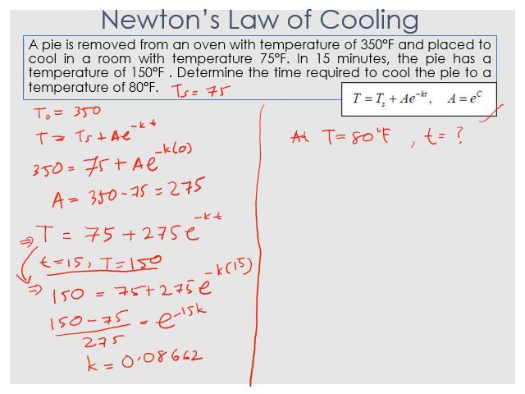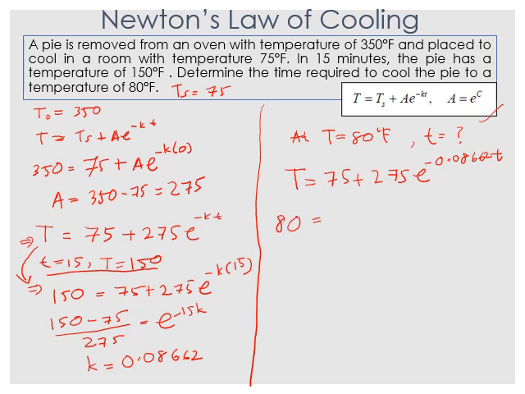So we have the general equation now: T equals 75 plus 275 exponent negative 0.0866t.